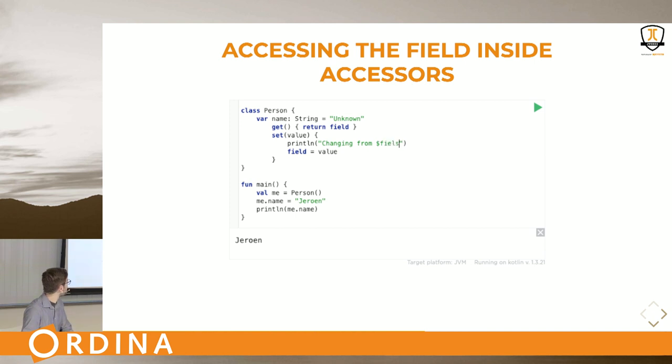Here it's still the old value, field, to, and then value, because value is our new value. If you print it like this, you can see it's changing from unknown to Jeroen, because initially I didn't specify any name, so it defaults to unknown, which is the default value.